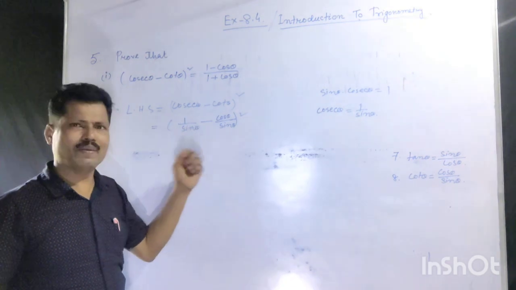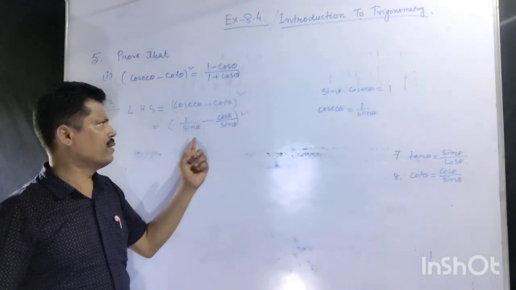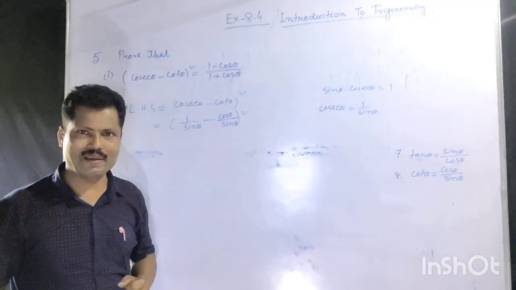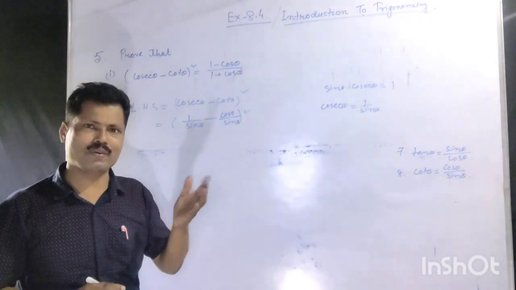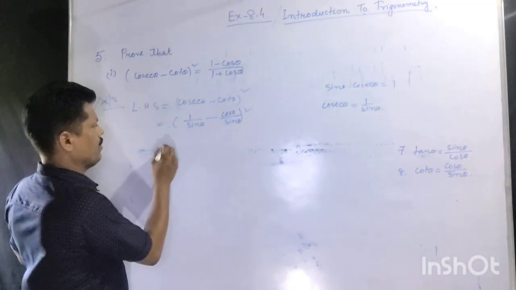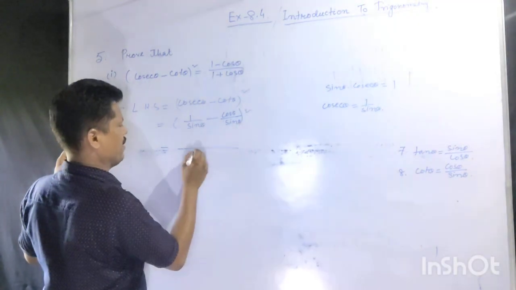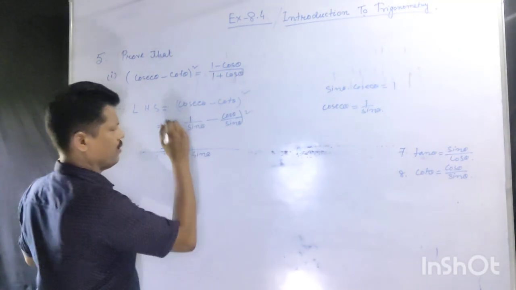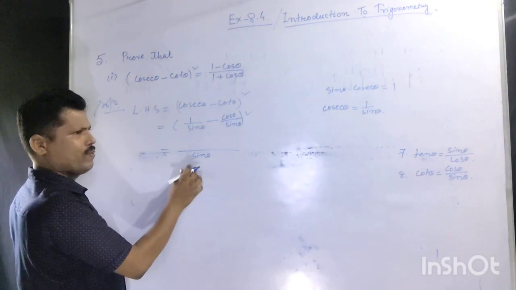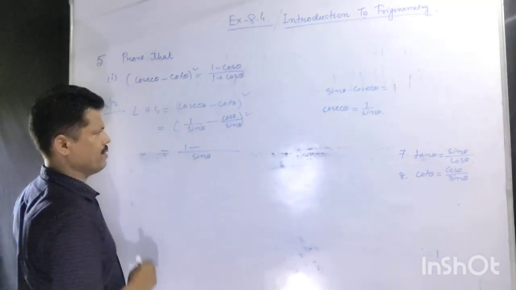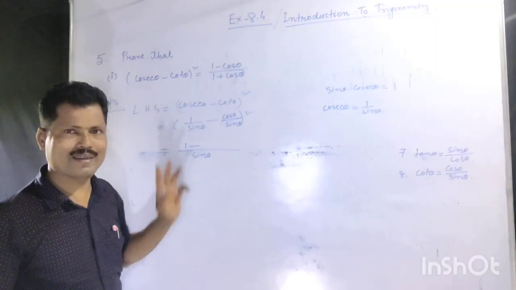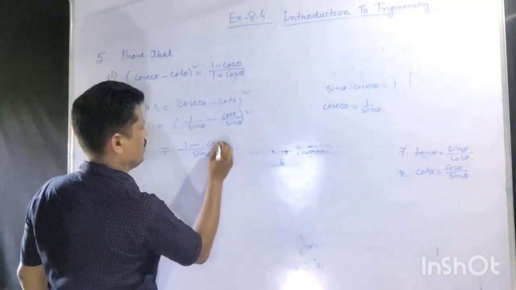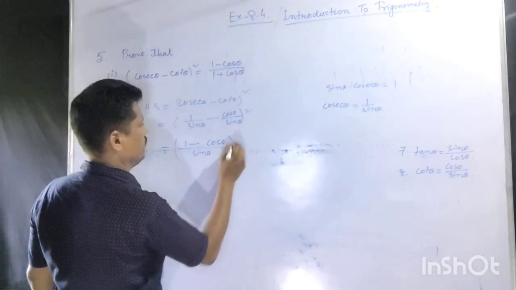Now we have the fraction 1 by sin theta minus cos theta by sin theta. Between fractions, if there is a plus or minus, we have to take the LCM. Sin theta will be the LCM. Sin theta in sin theta 1 time, 1 into 1 is 1, minus sin theta in sin theta 1 time, 1 into cos theta is cos theta, whole square.